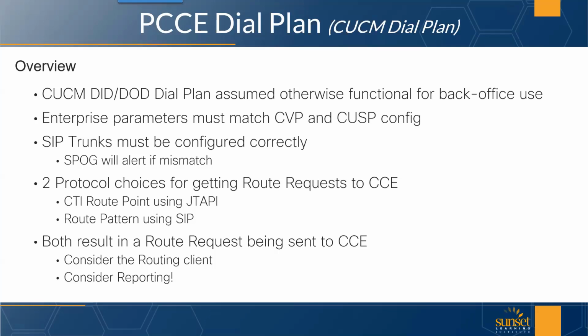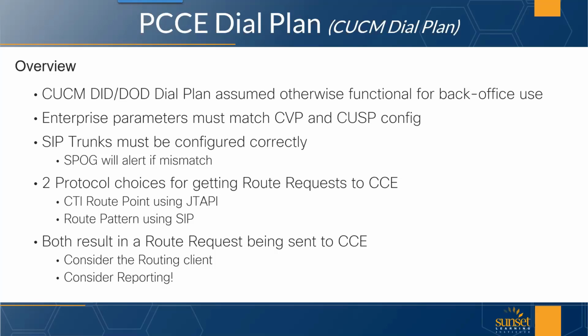There are some things then we need to check. We need to check our enterprise parameters for CVP and CUSP config. We need to make sure that we've got some SIP trunks configured correctly. We need to ensure that we're pointing to either a SIP trunk or a JTAPI connection, depending on where we're wanting to deliver the call.